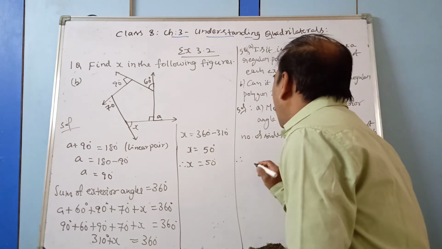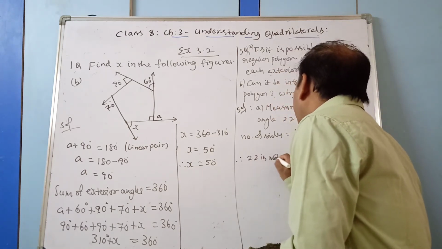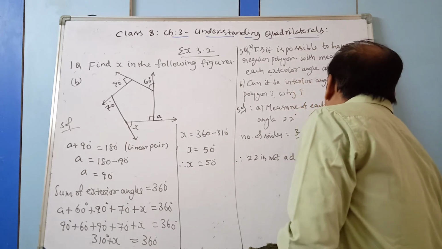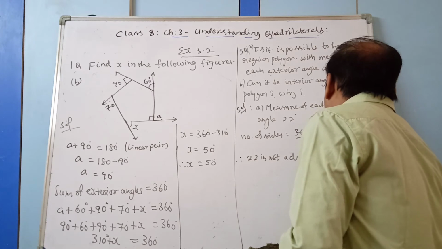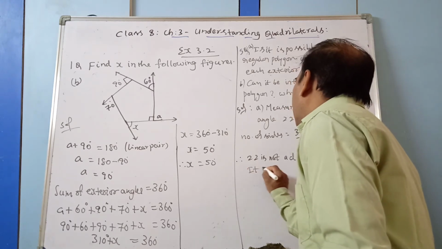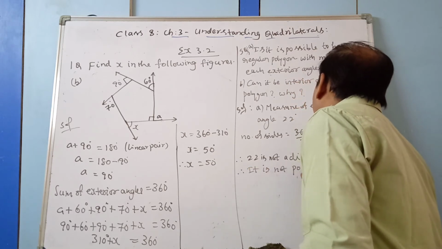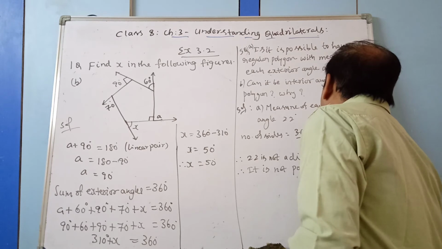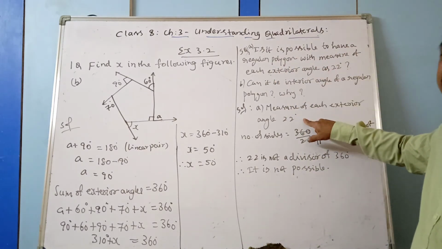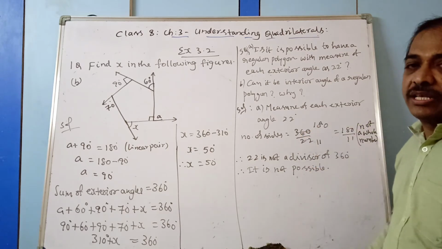Therefore, 22 is not a divisor of 360. So it is not possible. What is not possible? Having 22 degrees as an exterior angle for a regular polygon is not possible.